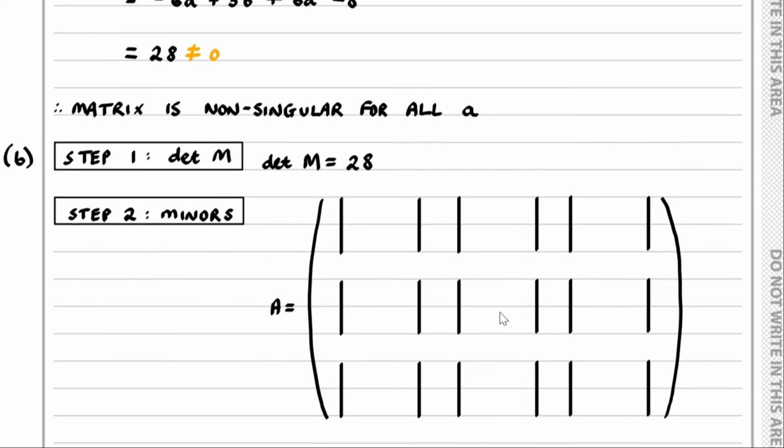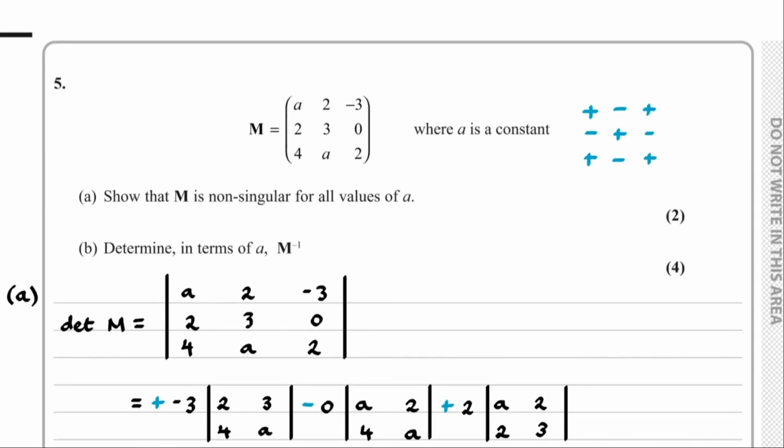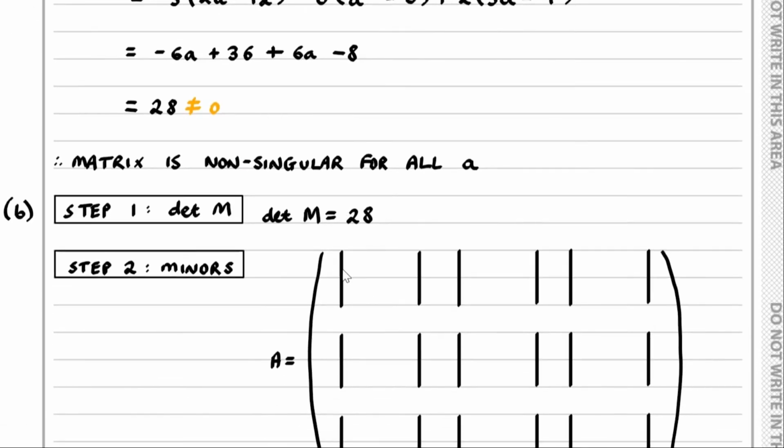Now I've set up the matrix, and to determine what goes in this top left, we cover up this column and this row and then take the determinant of what's left over. So I have 3, 0, a, and then 2.